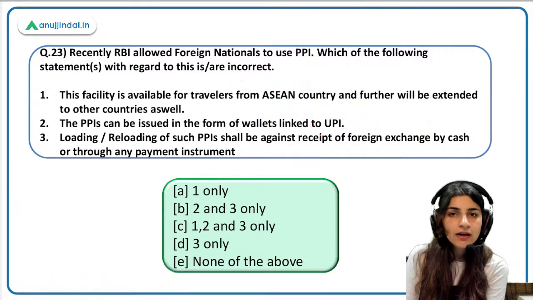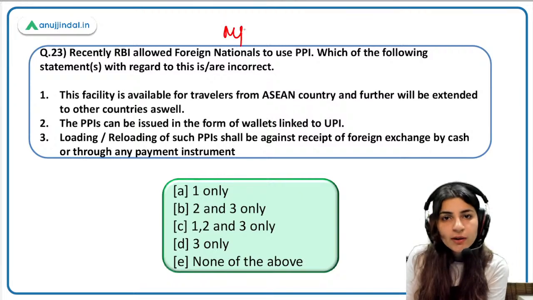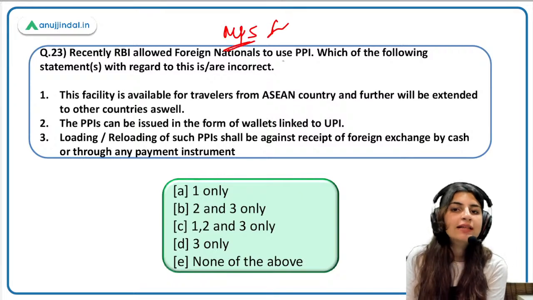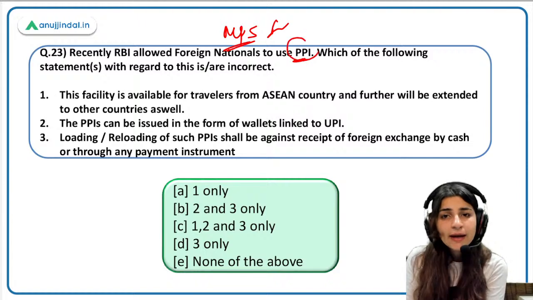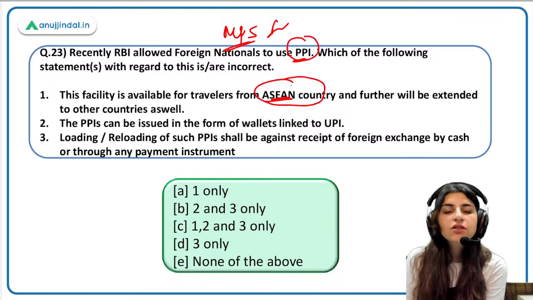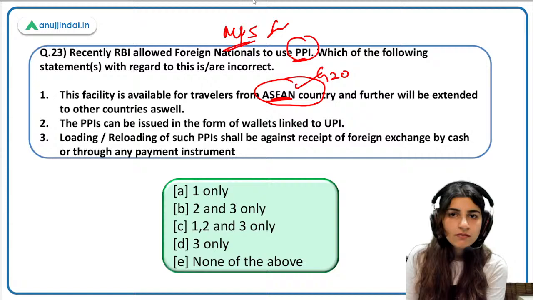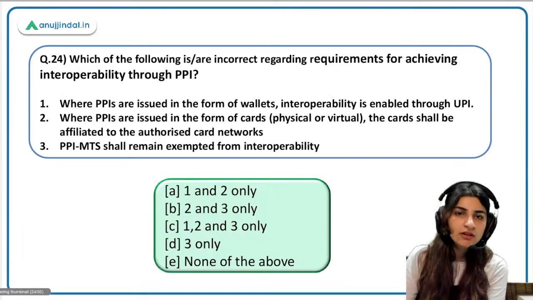I hope it is clear. Important है, इसी साल की मॉनेटरी पॉलिसी स्टेटमेंट में आया है, very important for your exam. What is PPI, what is UPI, कौन सी countries के foreign nationals को allowed है, G20, everything here is important, especially related to this news.